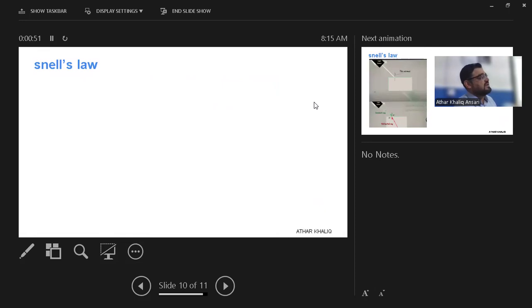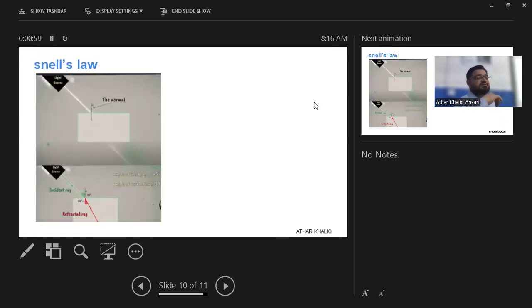What is Snell's law? Snell's law tells us about the complete picture of refraction of light. For example, in this diagram, the light is coming in the air and it enters the glass slab. You can see it changes its path.